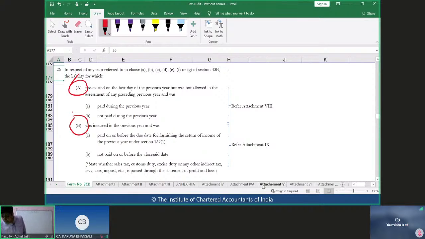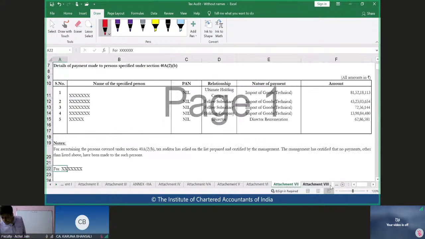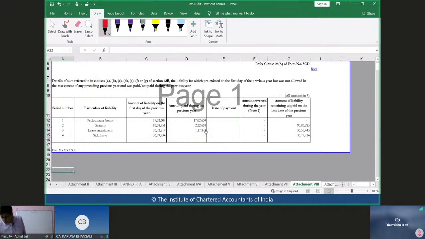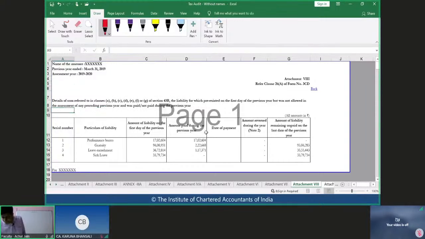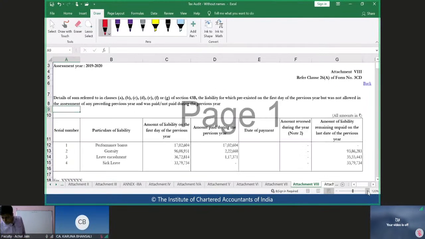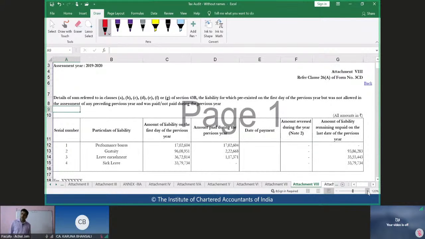So for this, I'll take you to this attachment now. So attachment number first. Let's read this requirement carefully, because only then you will get to know what can be the point of confusion.